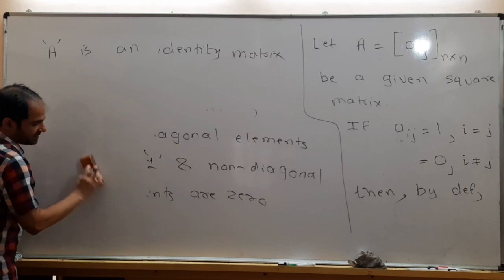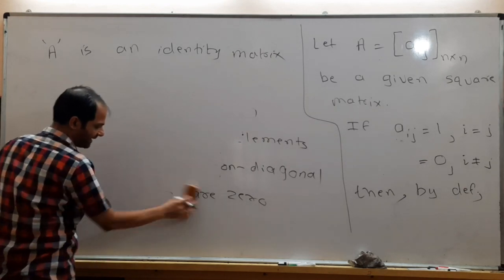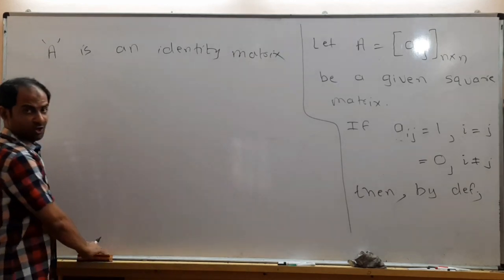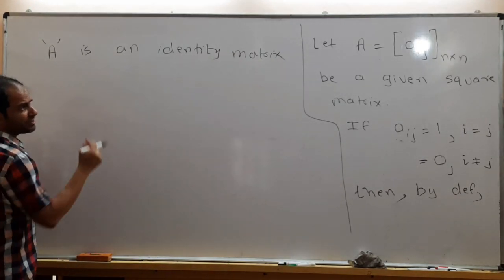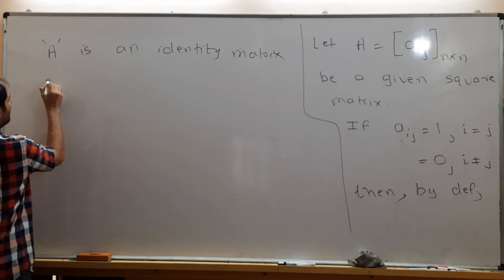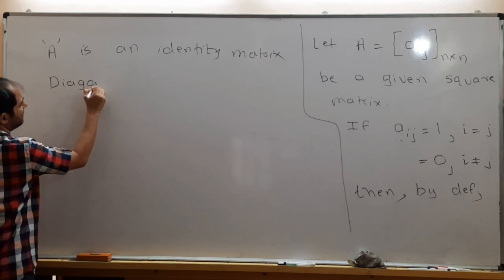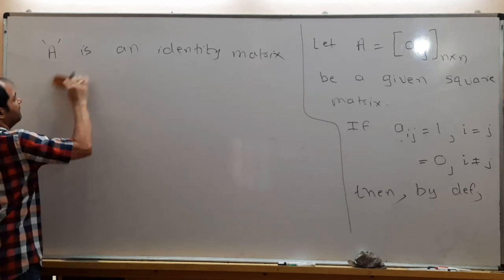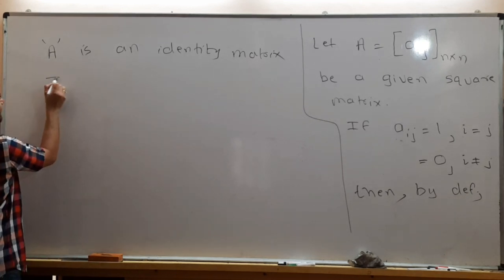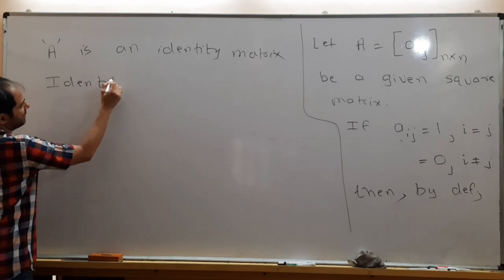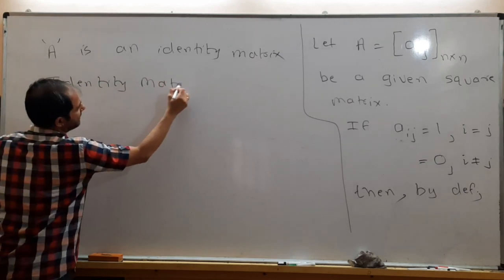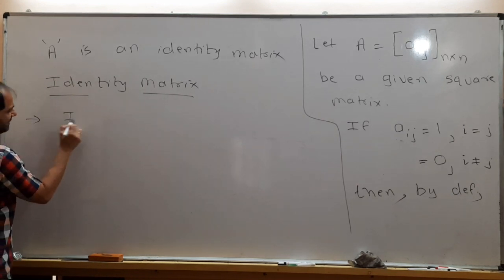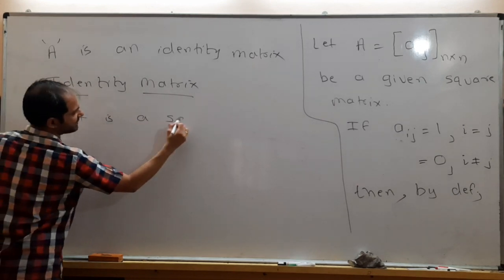Okay. Now, still I think few students might have some confusion. So what I will do is that I will write the definition again, discussing identity matrix. What are the points for it? It is a square matrix first.